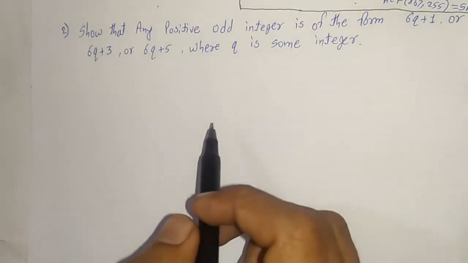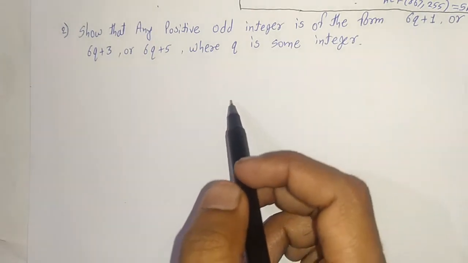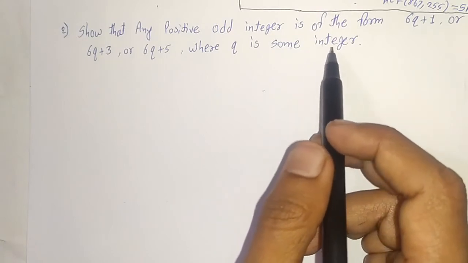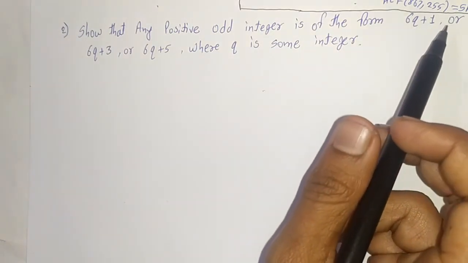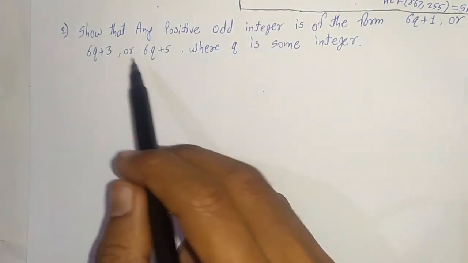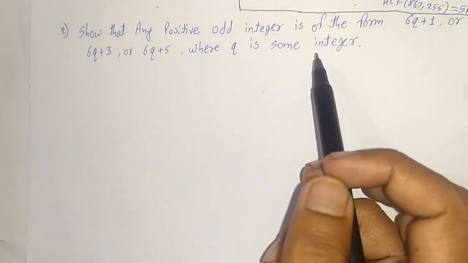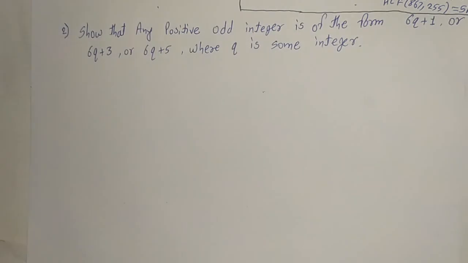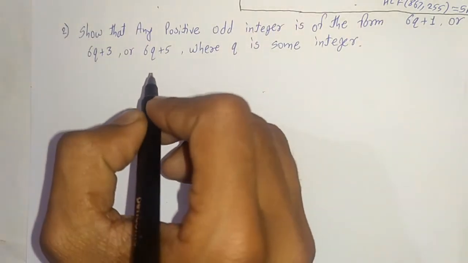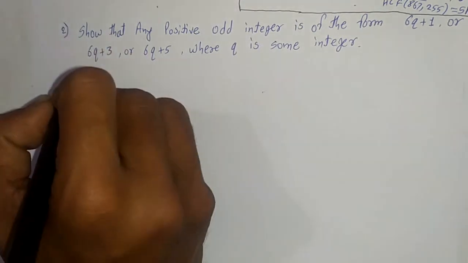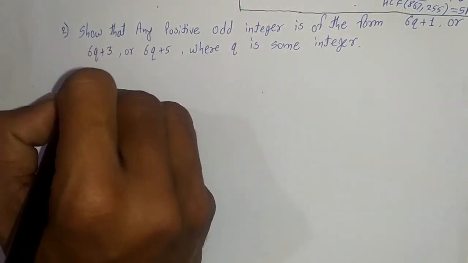Show that any positive odd integer is of the form 6q plus 1 or 6q plus 3 or 6q plus 5, where q is some integer. So already we have solved a few examples like this one. So let's start with the solution.